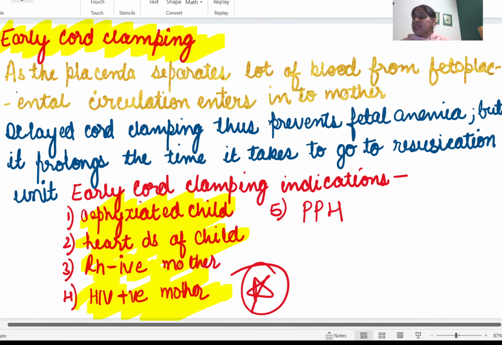In the NEET exam they asked early cord clamping is done in all except, and these were the four options. Because asphyxia, heart disease of the child, and Rh negative are more emergency situations, there you have to mark HIV positive, because virus transmission can still be prevented by nevirapine.